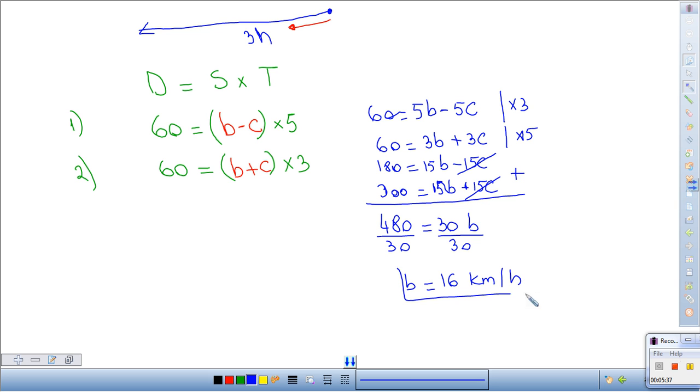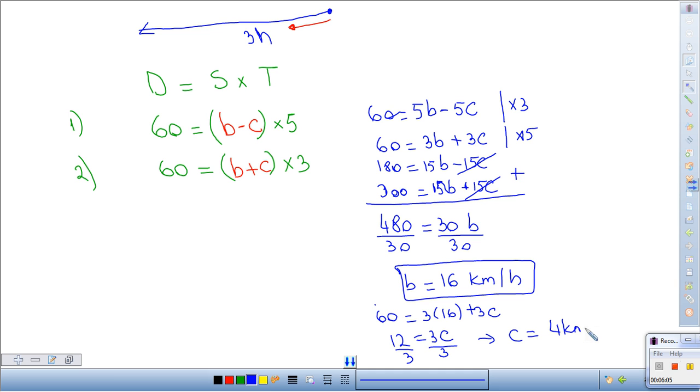Now that I have the speed of the boat, I can find out the speed of the current, which is 60 equals 3 times 16 plus 3C. So I'm going to move the 48 over, and it becomes 12 equals 3C. Divide both sides by 3, and then the speed of the current is 4 kilometers per hour.